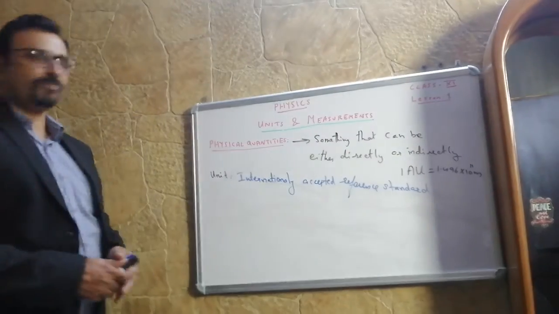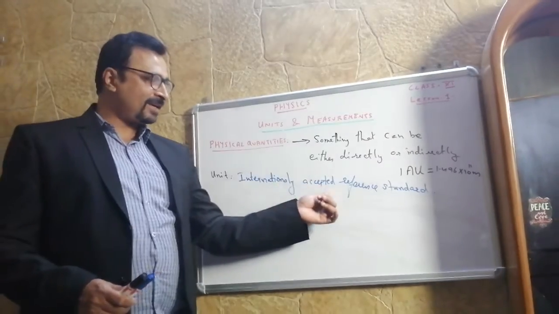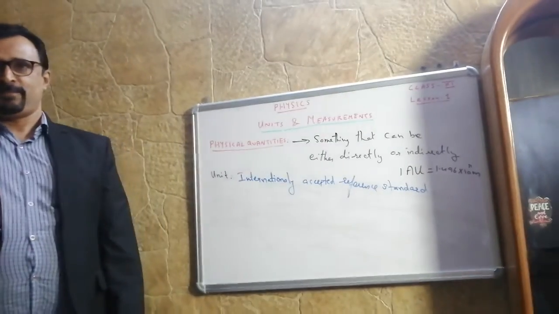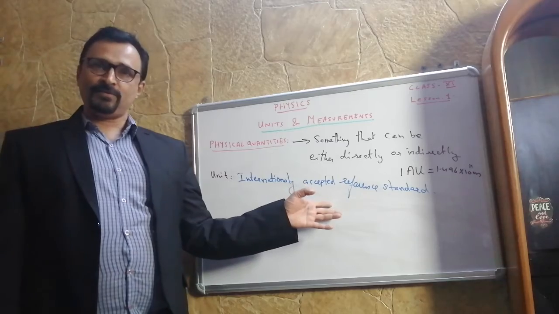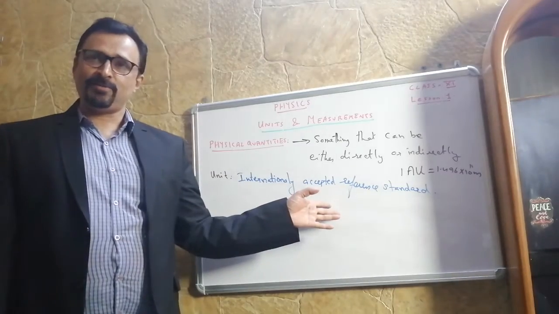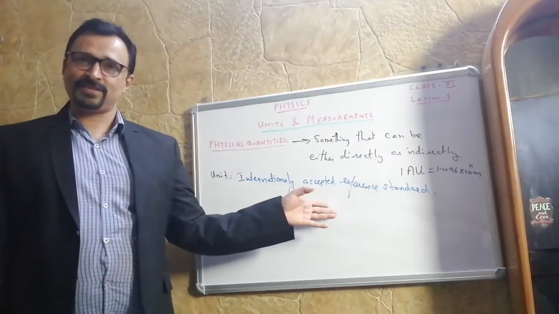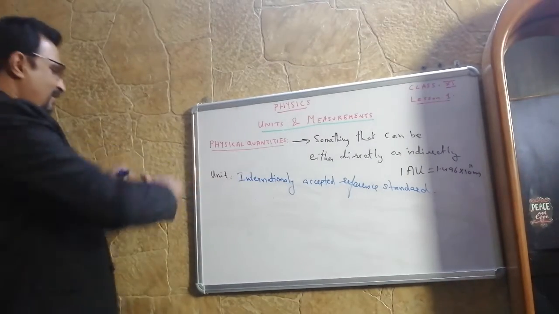What is the speciality of the first one? The first one is an internationally accepted reference standard. Why? Because 1 meter in India, 1 meter in America, 1 meter in Pakistan, is it the same or different? That is the same. But I told you that the measurement of this room is 5 steps.